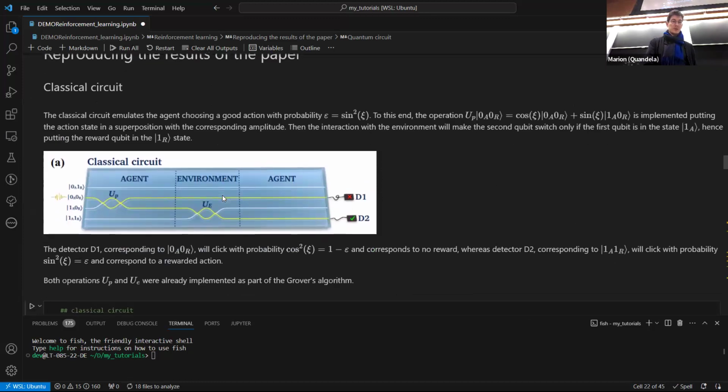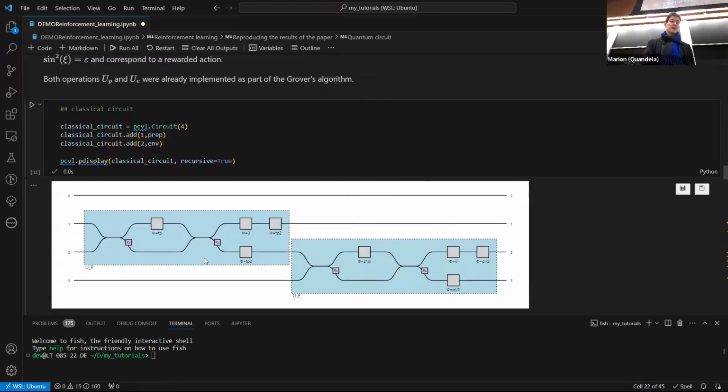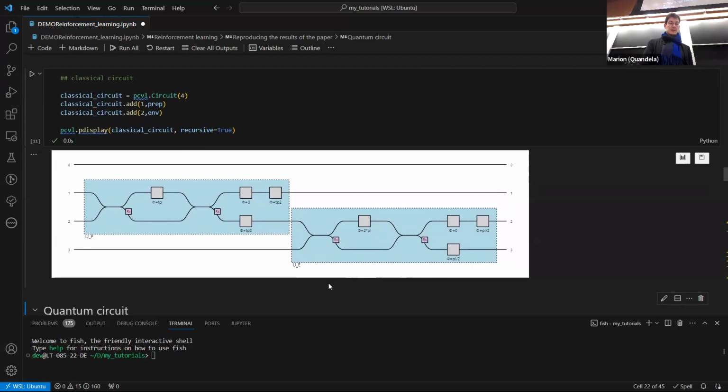Yes, it's more or less what we wanted here. You have the UP, which is UP here. Of course, we haven't set the right angles for now, but we will. And then you have the environment. So here you see that you have UP, UE. Then we have to set the right values.